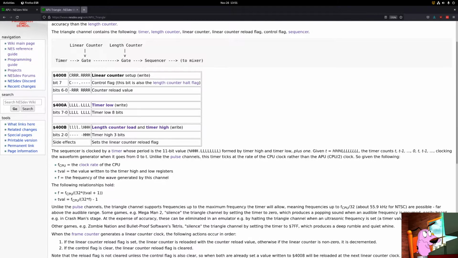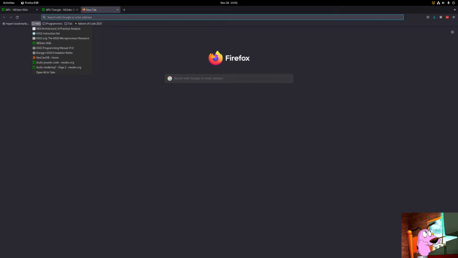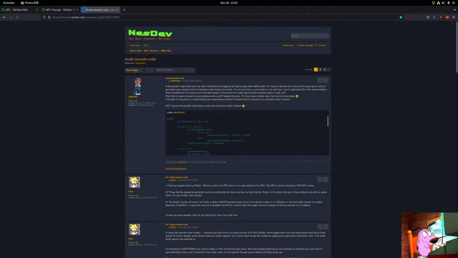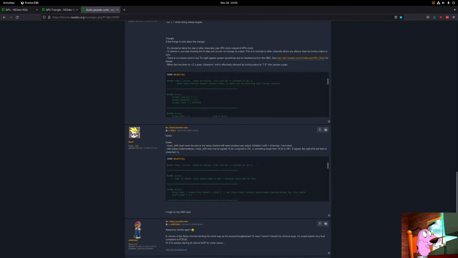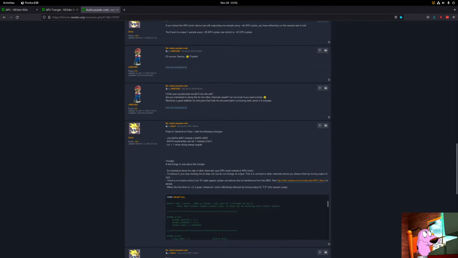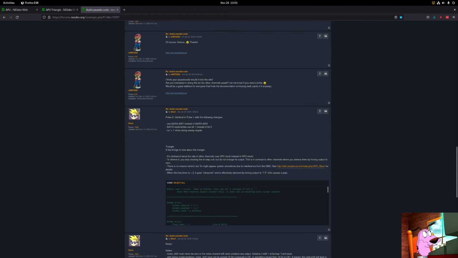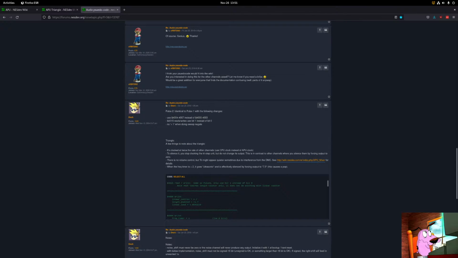There's a really, really good post in the forum by Dish. He posted some pseudocode about how to implement these channels. So here's the triangle. Right, so the triangle's clocked at the CPU clock. The other channels are half the CPU clock, so we'll have to remember that.